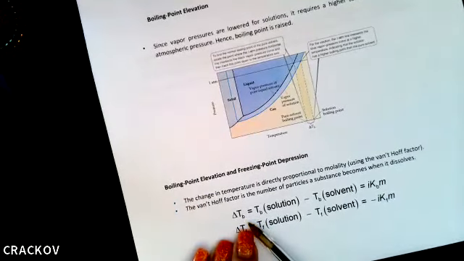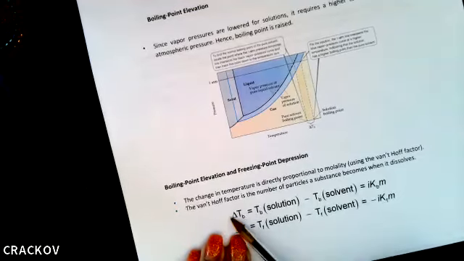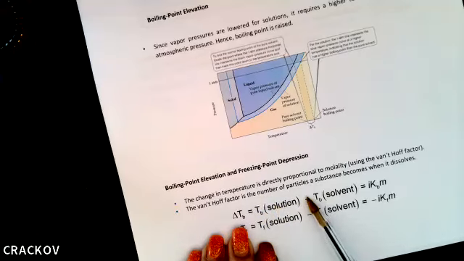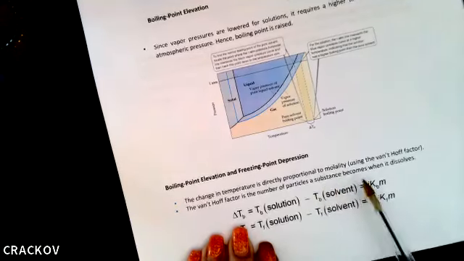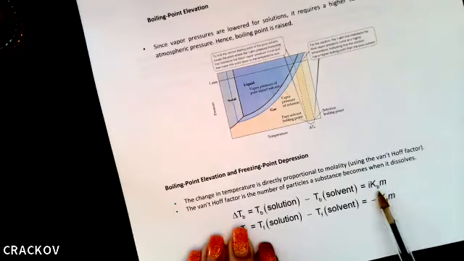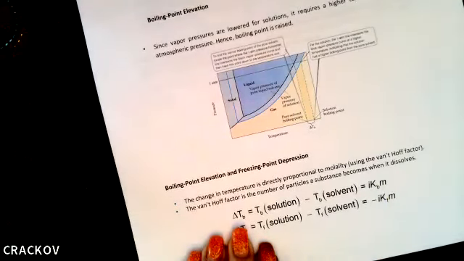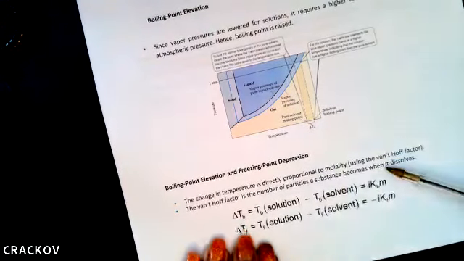So for delta TB, the boiling point elevation, it is the boiling point for the solution minus the boiling point for the pure solvent equal to I times the boiling point constant. Each solvent will have its own boiling point constant, times molality. This M here is for molality.